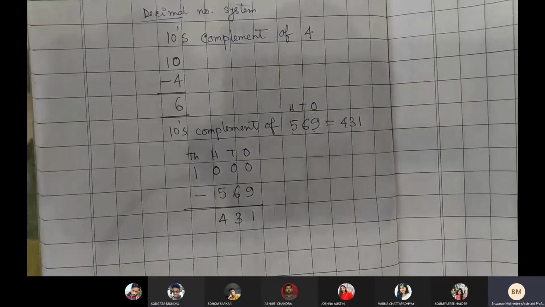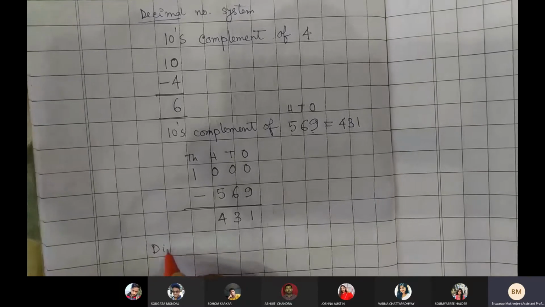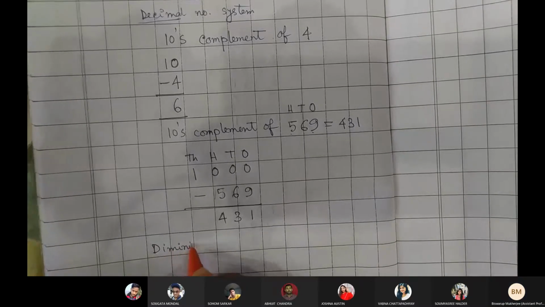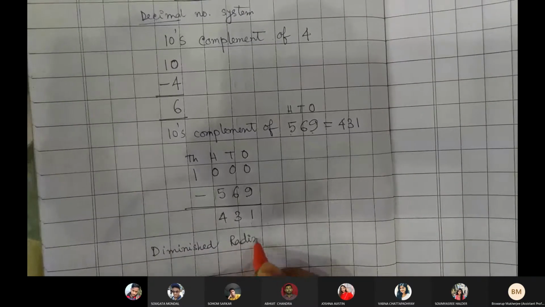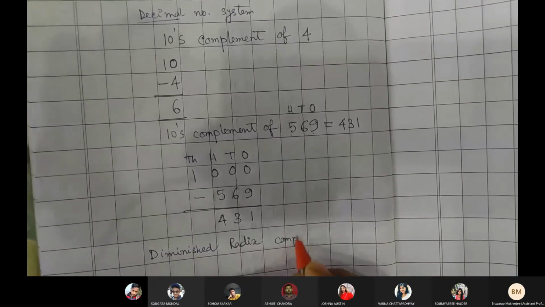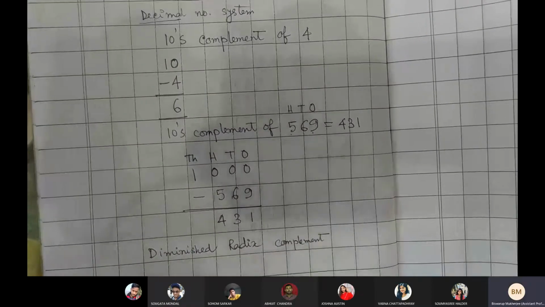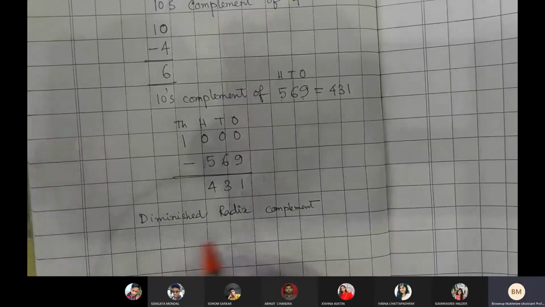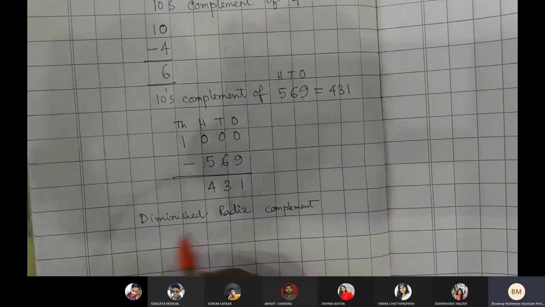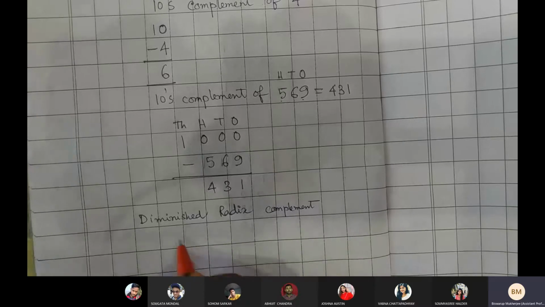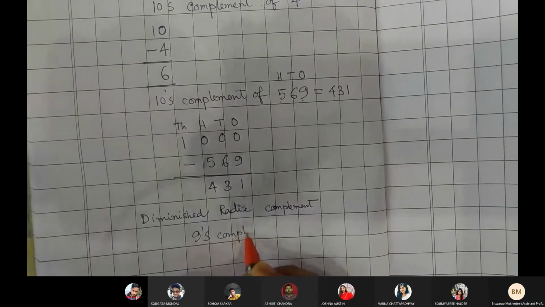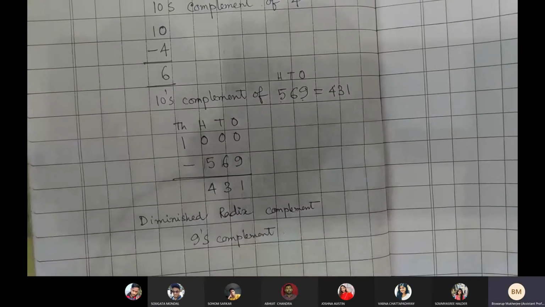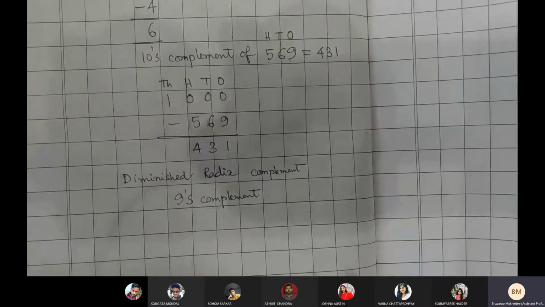Since the radix is 10, that is 10 minus 1, called 9's complement. This is the most popular one, 9's complement.